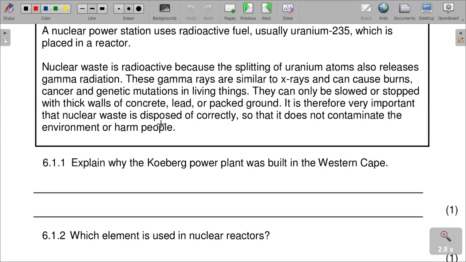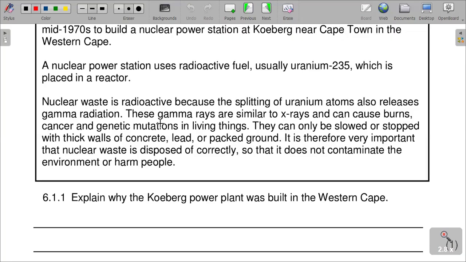They can only be slowed or stopped with thick walls of concrete, lead, or packed ground. It is therefore very important that nuclear waste is disposed of correctly, so that it does not contaminate the environment or harm people. That's what the essay is saying.